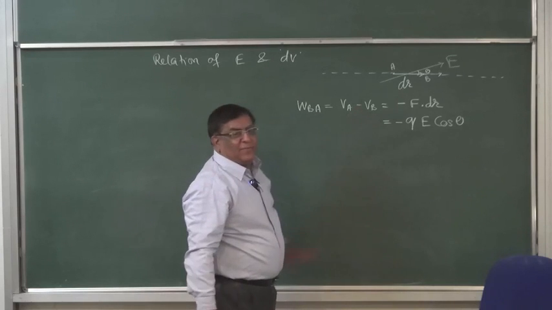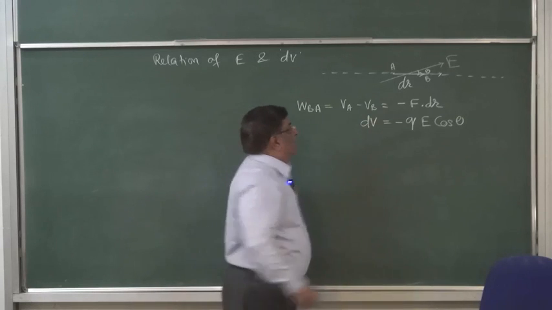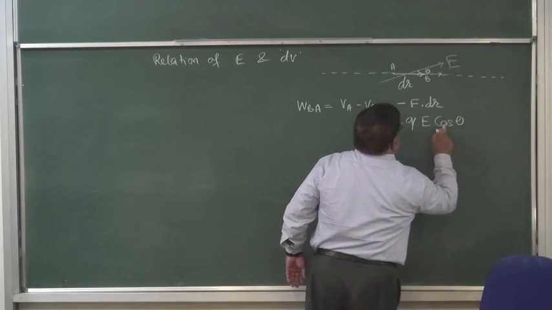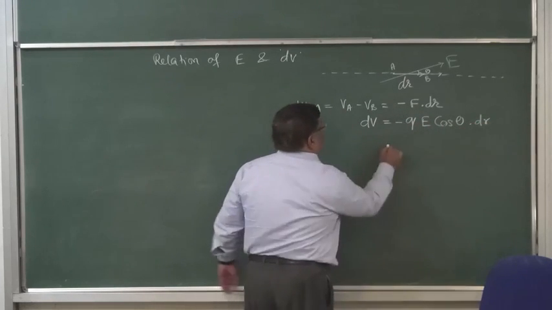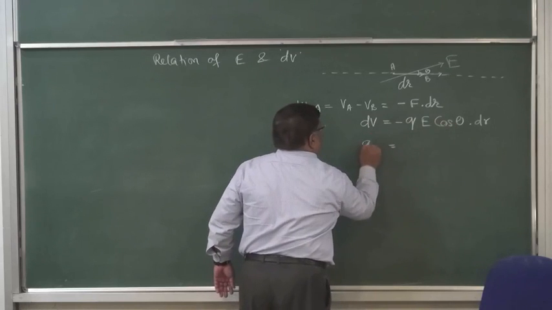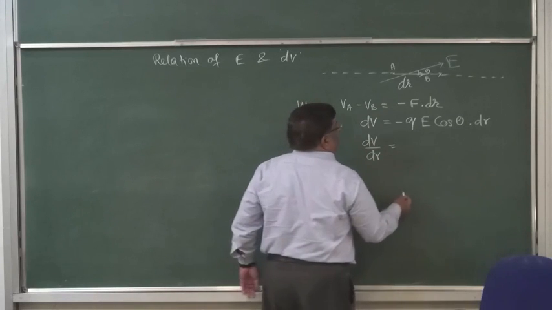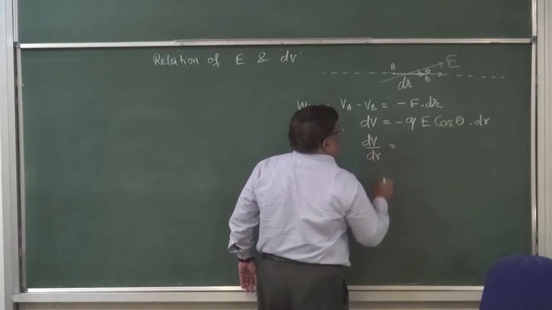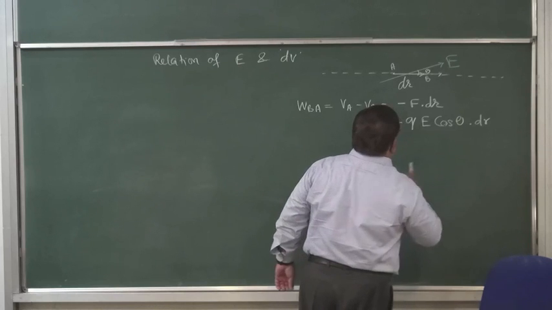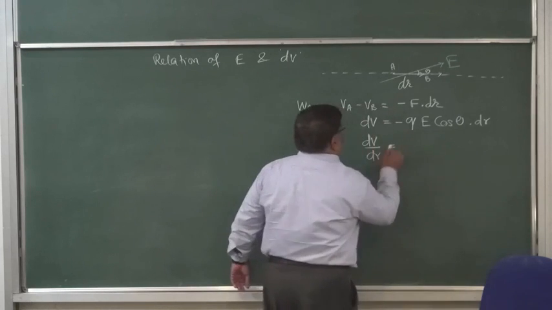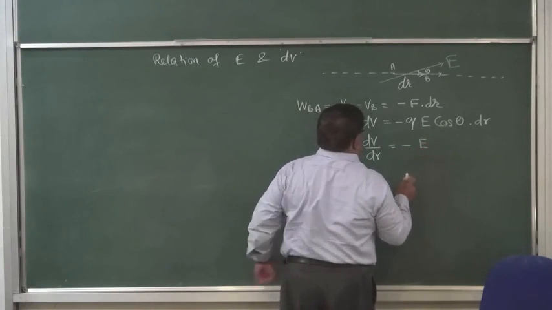This VA minus VB, we will call potential difference as dV, into dr. E cos theta into dr. Okay. Now, this dr, we bring it on this side. dV upon dr is equal to minus E cos theta.